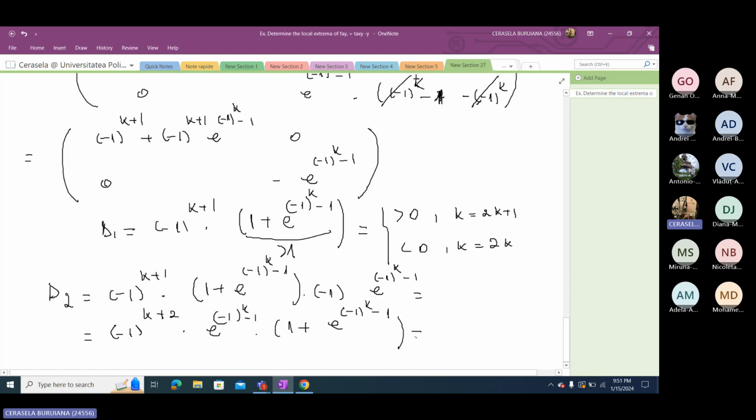Yeah, and now let's see what we get. Here it will be a little bit different from delta 1. It will be exactly the opposite. So what happens when k is odd? It's negative. And when k is even, it's positive.